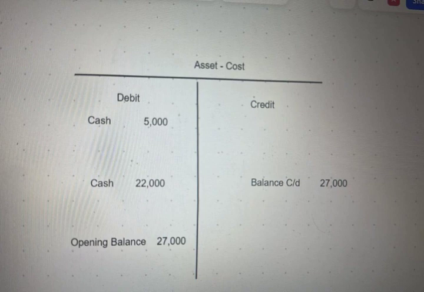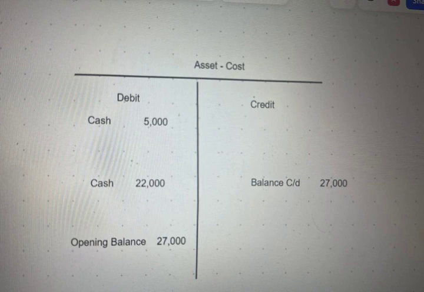Now let's suppose it's the end of the first year. So in this case, we have to close this account. We will write down over here your balance carried down, and that will give me a total amount of 27,000. So this account actually lets you know that you have 27,000 worth of assets, right?